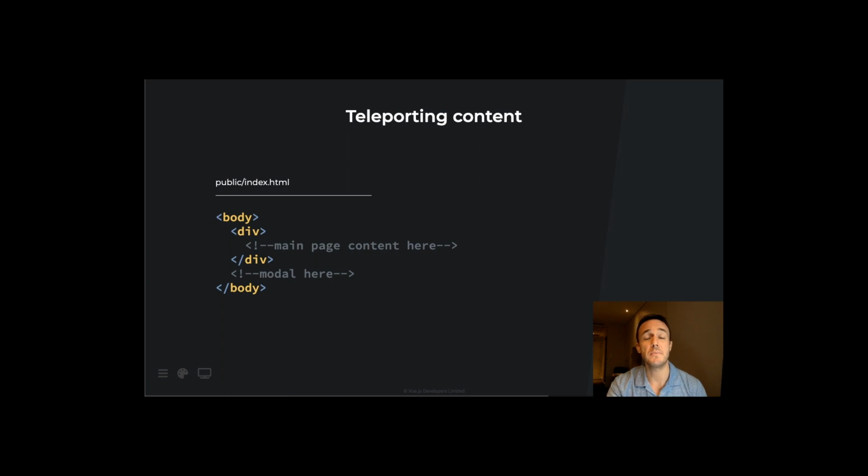Now, in order to implement a page covering background with CSS, you don't want to have to deal with parent element positioning and z-index stacking context and all this sort of stuff to try and get the page covering background working. So the simplest solution is just to put the modal at the very bottom of the DOM, and that makes it a lot easier to create the CSS to do that.